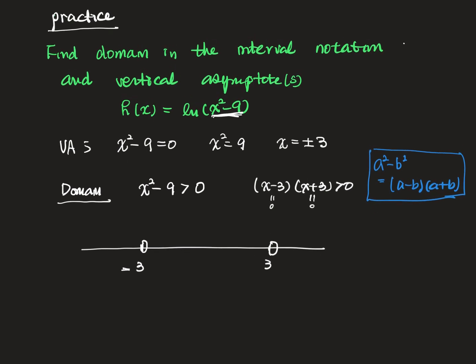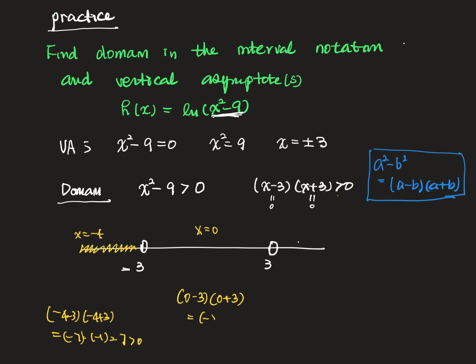Let's find which subinterval satisfies this inequality. So you plug in x equals negative 4. Negative 4 minus 3, negative 4 plus 3: negative 7 times negative 1 is 7. It's greater than 0, so you're going to take it. Next, x equals 0: 0 minus 3, 0 plus 3, that's negative 3 times 3, negative 9, less than 0.